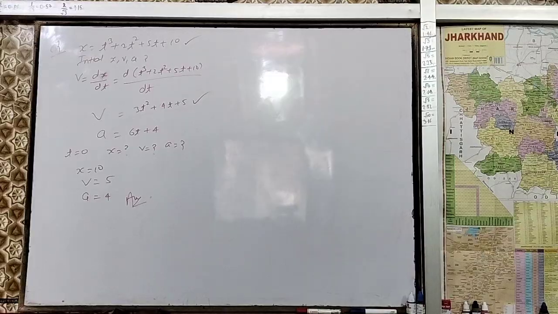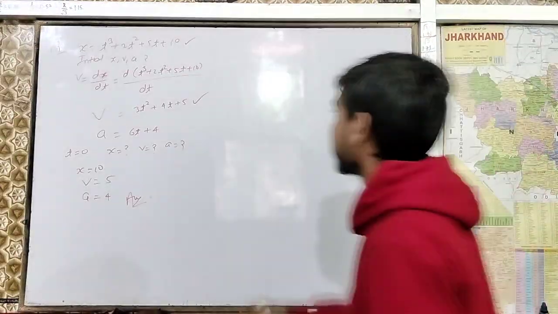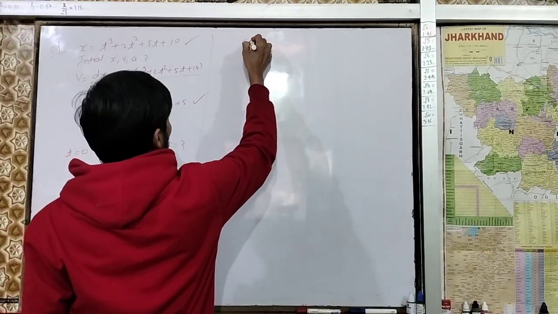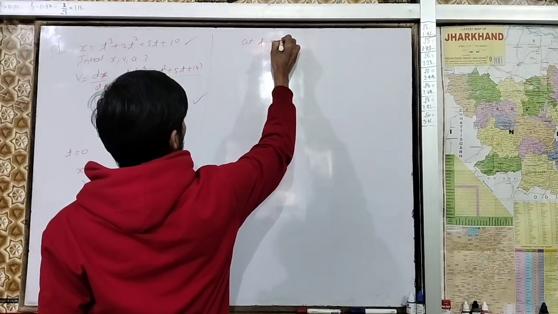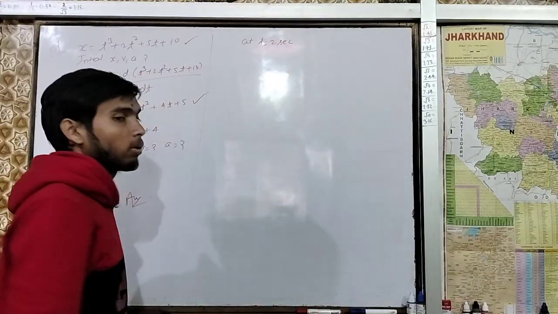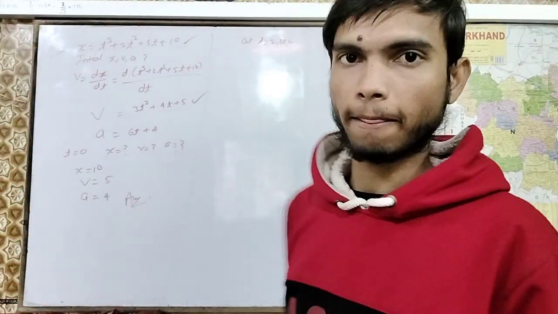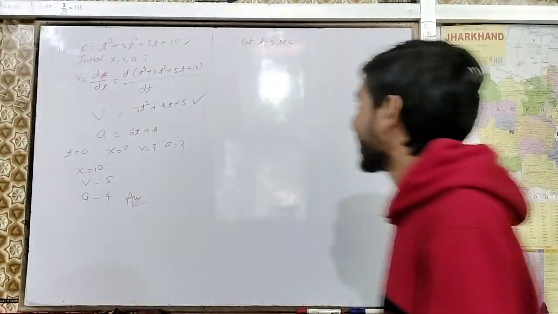Now next, let's change the time. At t equal to 2 seconds, what will be our x, v, and a? What will be the location of the particle?